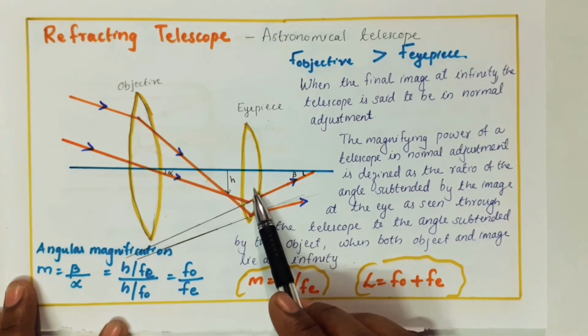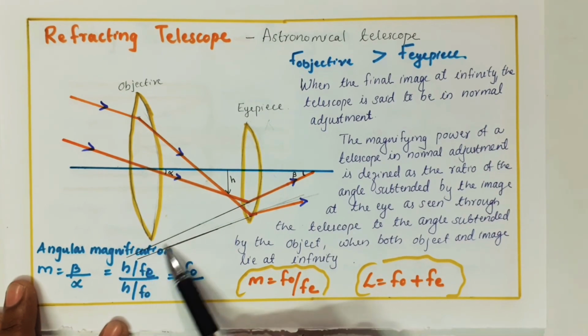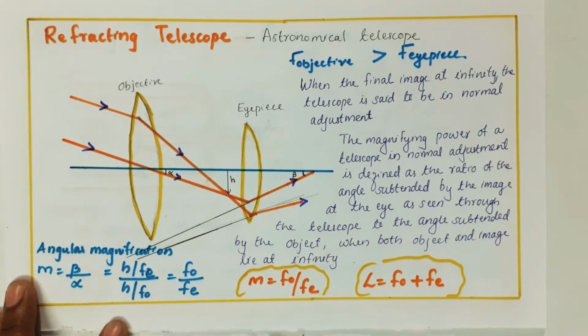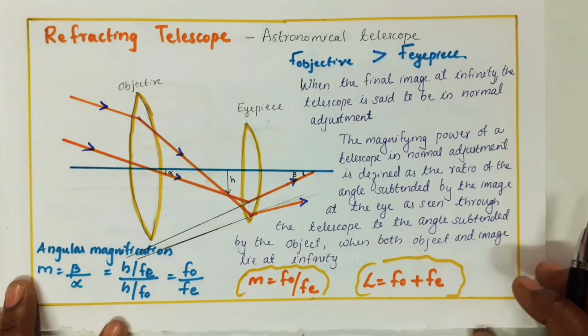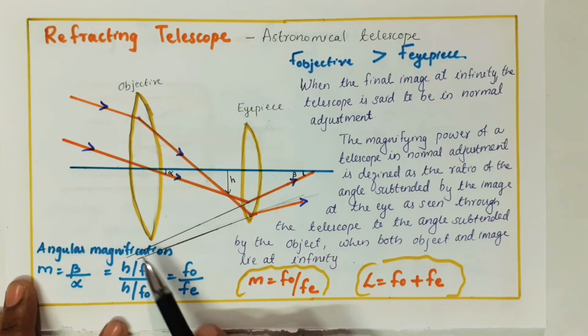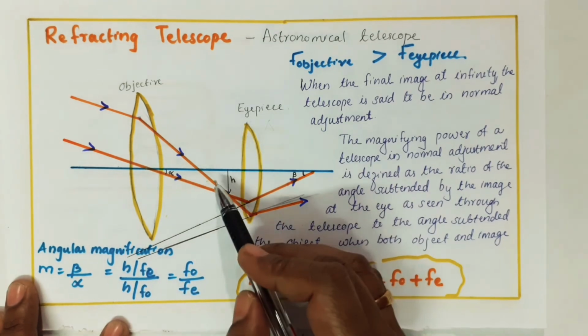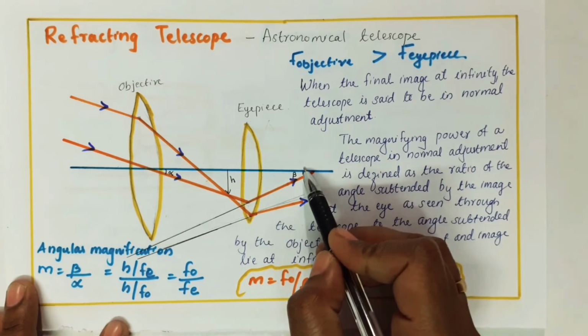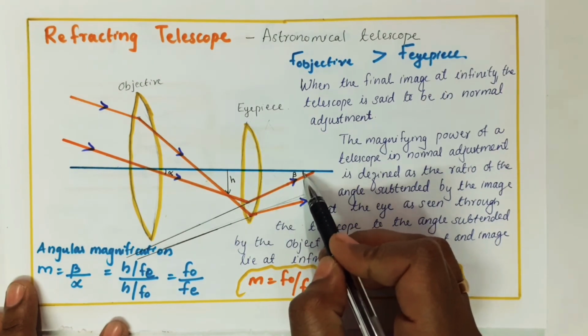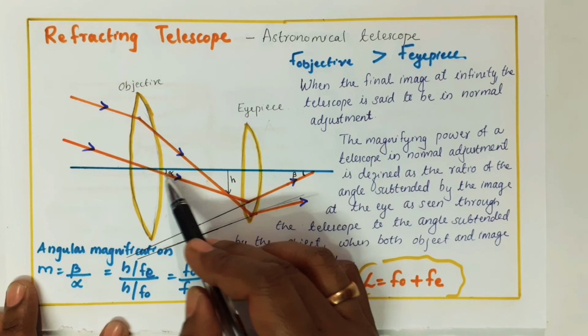This image acts as an object for the second lens and we get the final image somewhat far. Here also, as we know, it's an object at infinity, so we are using the angular magnification equation. This angle is called beta, with the eye, and this angle is called alpha.